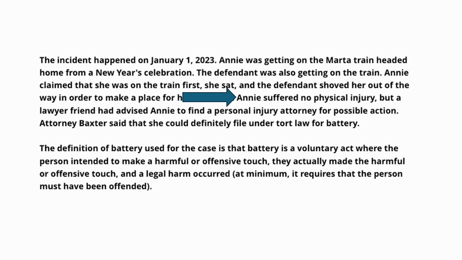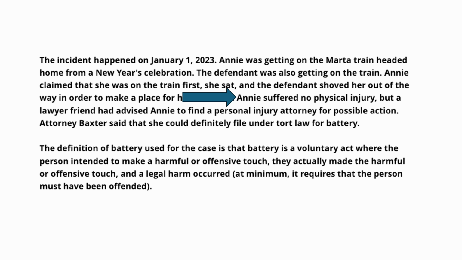Or you can keep it with the battery one if you want, but you would want to put something along the lines of, this incident rose to a level of battery because defendant intended to shove plaintiff out of the way, actually shoved her out of the way, and she was injured as a result.